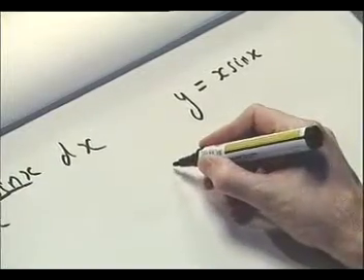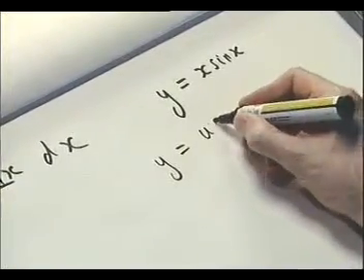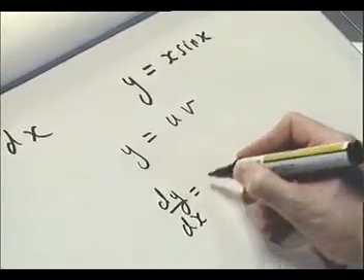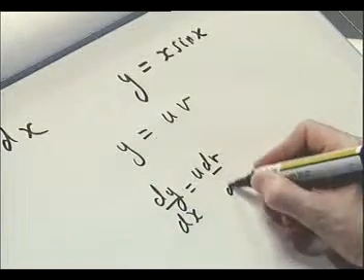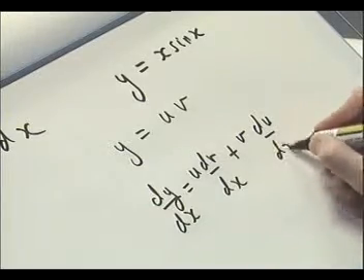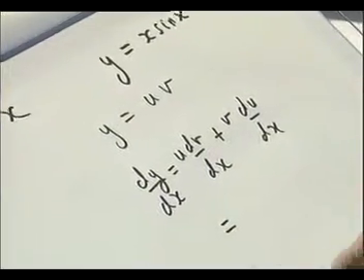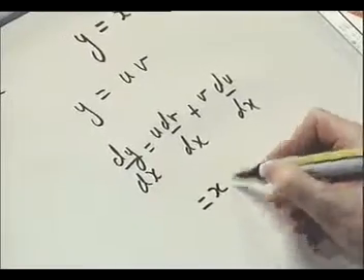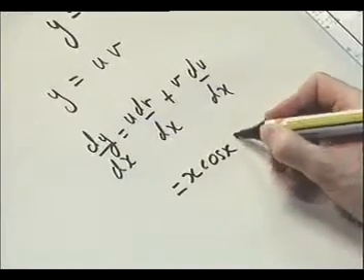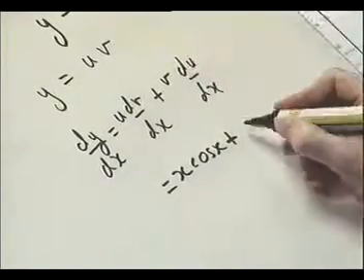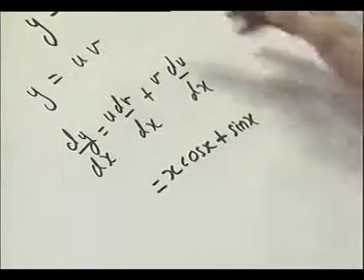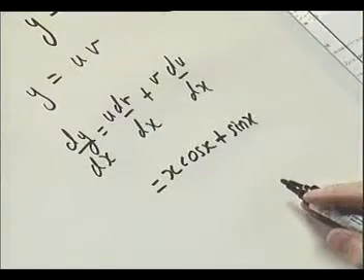So we know that if y equals uv, when we do the differentiation, dy by dx is u dv by dx plus v du by dx. So in this case, u is x and v is sine x. So that's x cos x plus v, which is sine x, times by du by dx. But u was x, so du by dx is just 1.